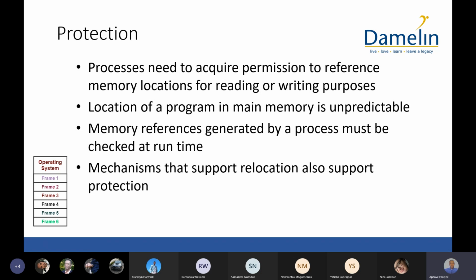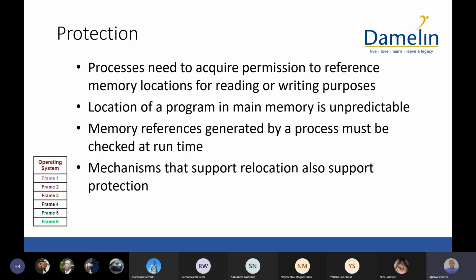Okay, so apart from relocation, we also have protection. And protection is a requirement for memory management. Why? Because we don't want these processes to cross-reference each other. There's a security risk. Only processes with permissions to cross-reference each other can do so once they're in the main memory together.